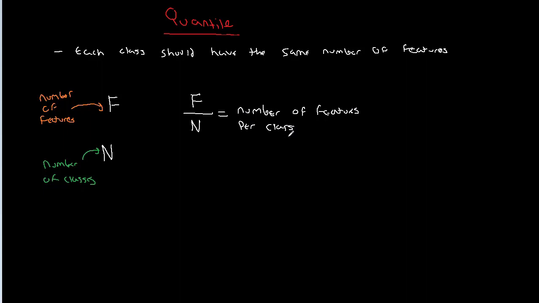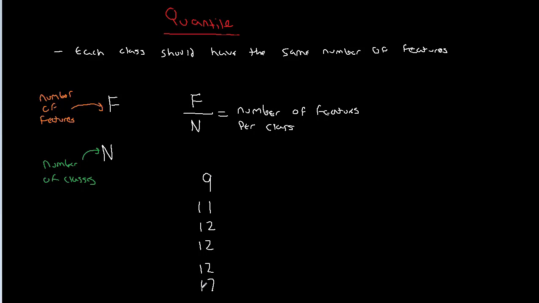Now, this is something that we really need to be careful of when dealing with quantiles: we never split the same value into two classes. Let's say that we have the values, and I'm going to make up some numbers: 9, 11, 12, 12, 12, and 17.